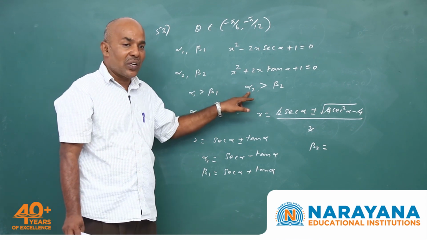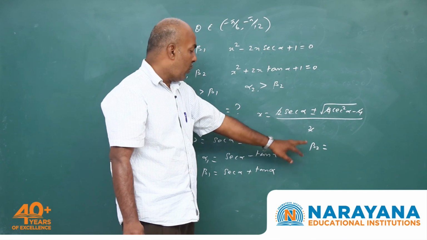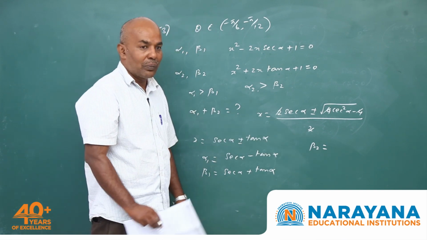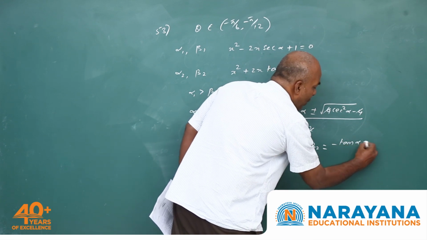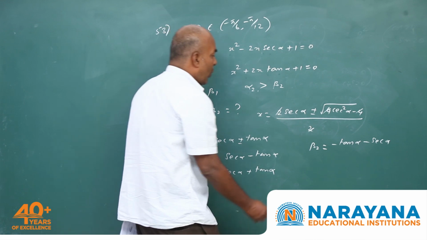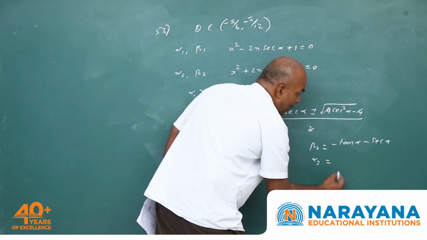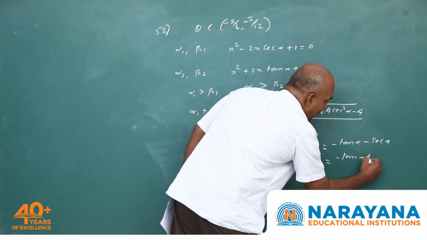They are alpha 2 and beta 2. According to the given condition alpha 2 is greater than beta 2, I will write it directly: beta 2 is nothing but minus tan alpha minus secant alpha, and alpha 2 will become minus tan alpha plus secant alpha.